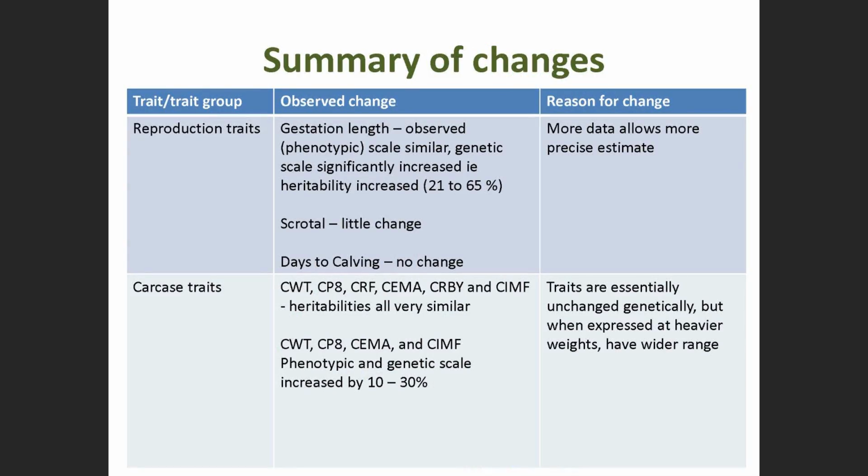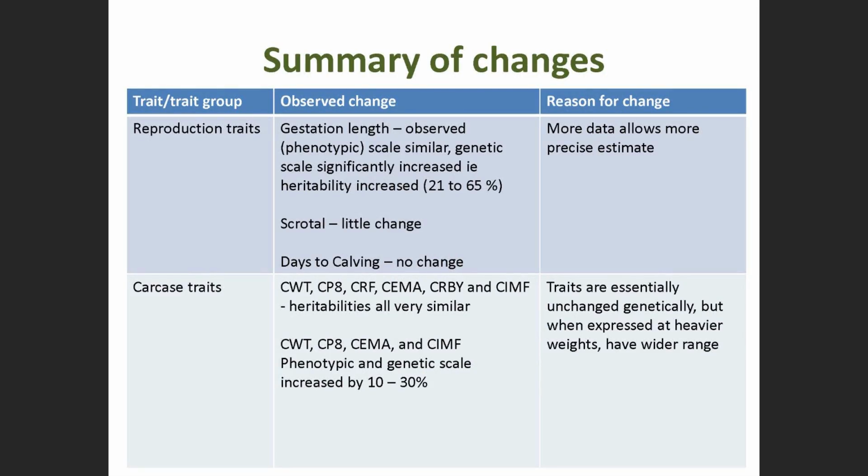So you're going to see a bigger spread of EBVs for these four traits than used to be the case. And it's by anywhere between 10 and 30% bigger range. So animals that had the same data before, for these traits their spread will have got bigger. So the tops will be further out, the bottoms will be further down.